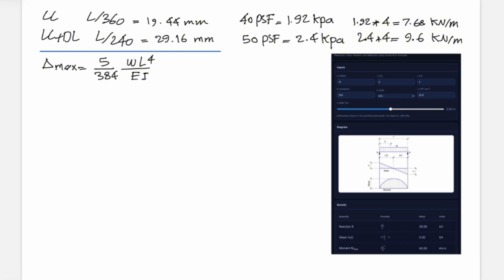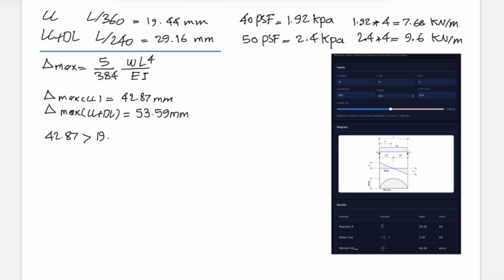Using this tool, we can easily calculate the deflection for live load, which is 42.87 millimeters, and for live load plus dead load, we have 53.59 millimeters.